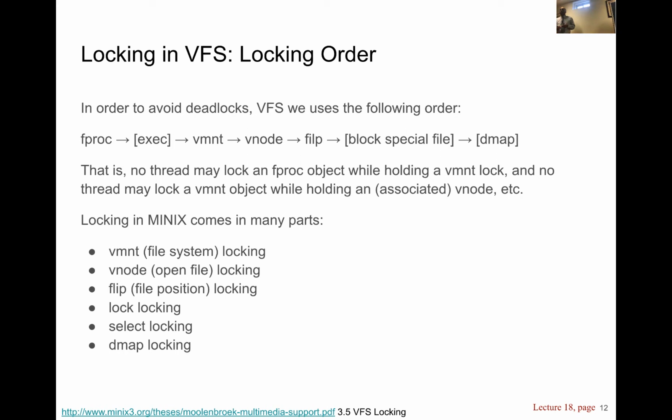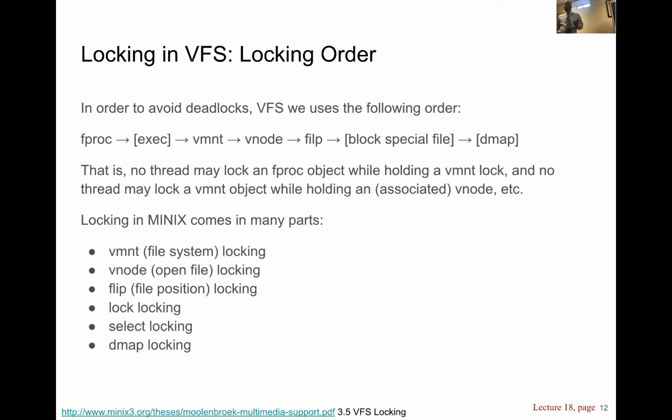Okay. Now, earlier I mentioned that to avoid deadlocks, Minix requires that code has to acquire locks in a certain order, and that order is shown here. You see a set of data structures going from fproc to exec, vmount, vnode, filp, and so on, and that's the order that you have to respect.